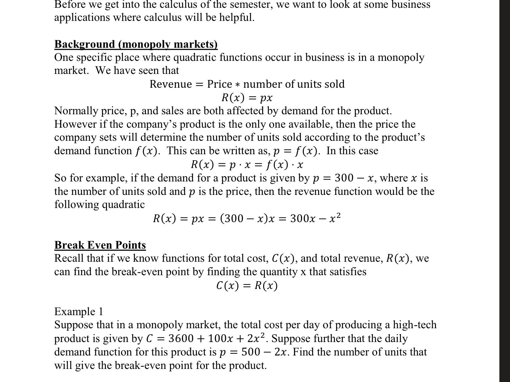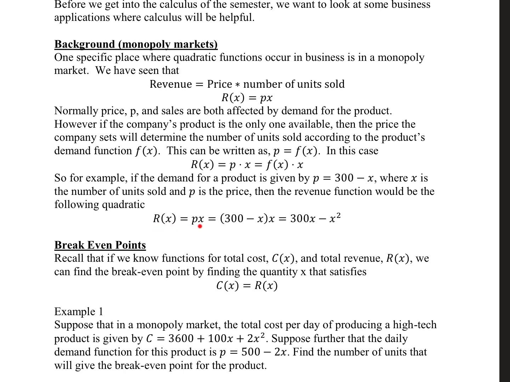So if we substitute that idea into this equation up here, what we get is that your revenue would be equal to P times x, which would be then your function times x. So if we wanted to just think about a simple example, let's suppose that your price is always going to be $300 minus x units, where x is the number of units sold. Then the revenue function would be the following.